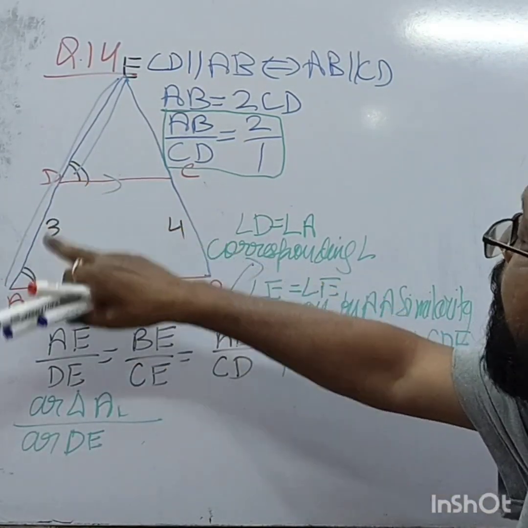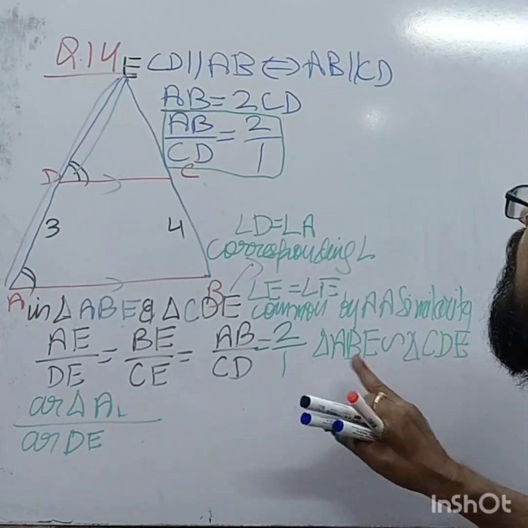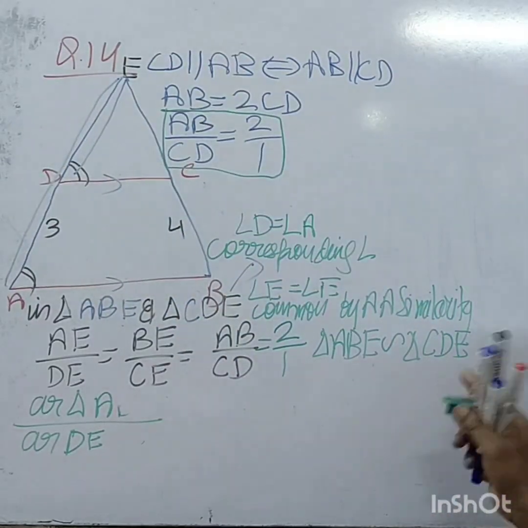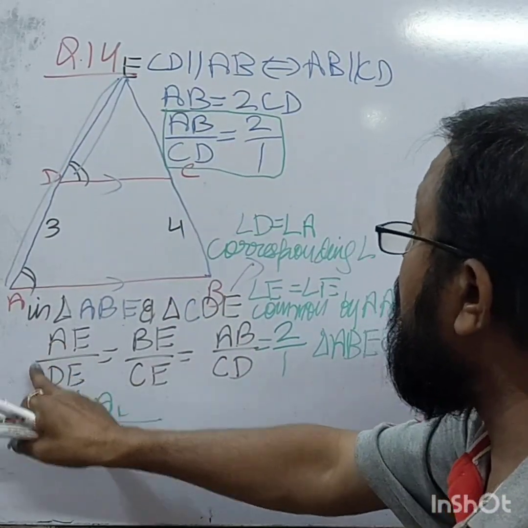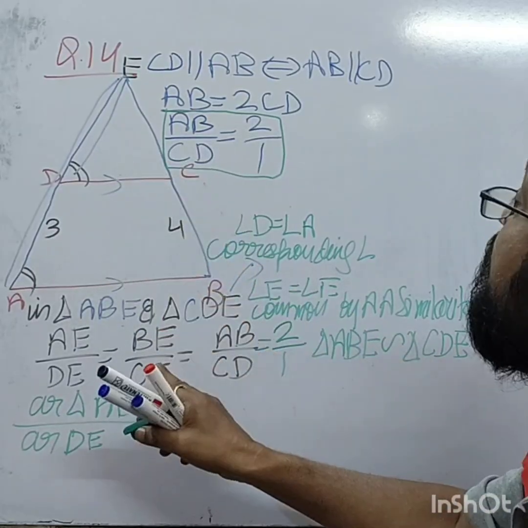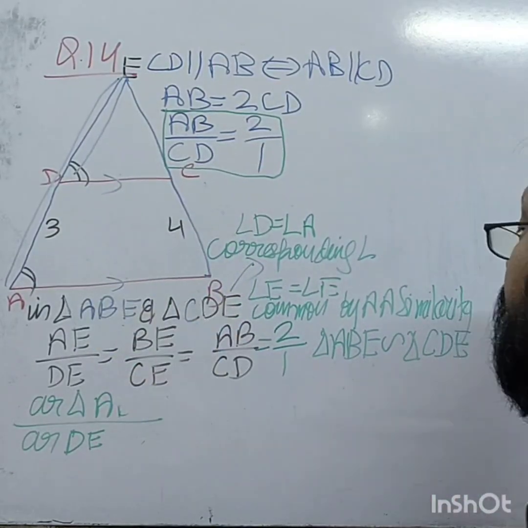And we have AE upon DE, BE upon CE, and we have AB upon CD.